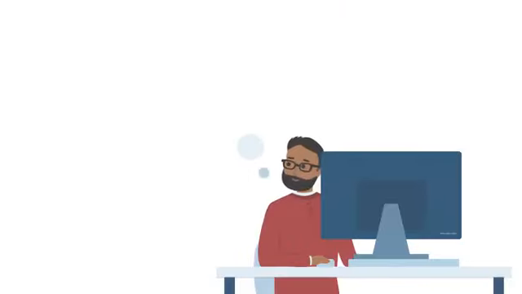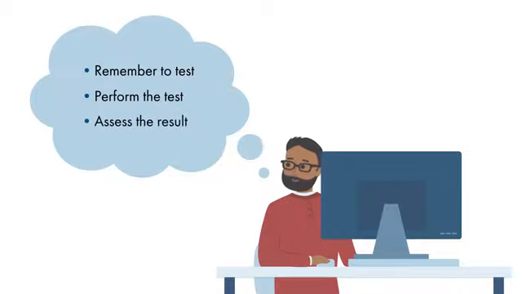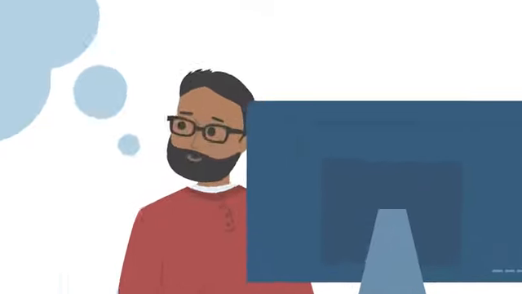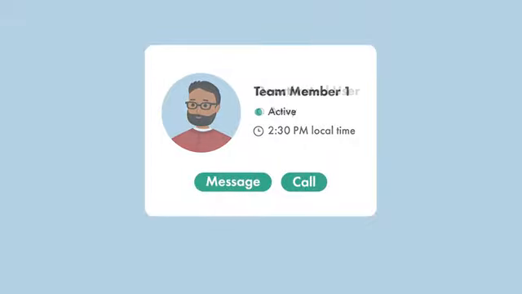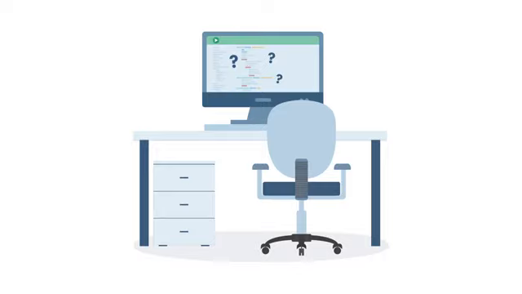This is an example of a manual test, and for much of software history, that's all there was. However, this requires testers to remember to do the test, know how to perform it, and be able to assess if the result is correct. If the person who knows all that leaves the project or the company, that knowledge just left with them.